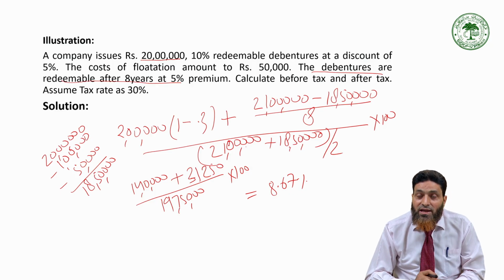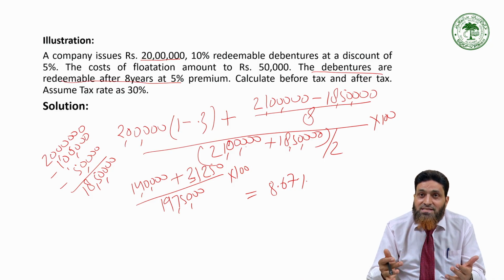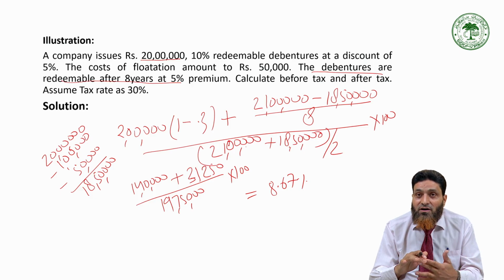So in this way, the calculation of cost of debt will help you in a number of ways, like capital structure decision. If you have so many choices of raising money by issue of debt, you can compare wherever cost is minimum. One of the important objectives of the finance department is to minimize the cost.